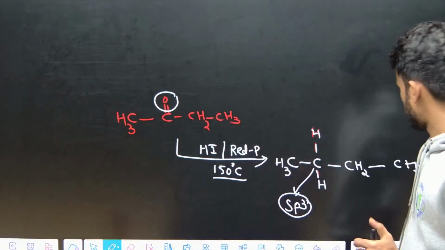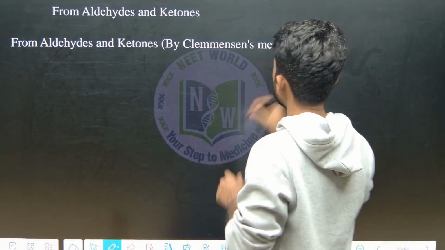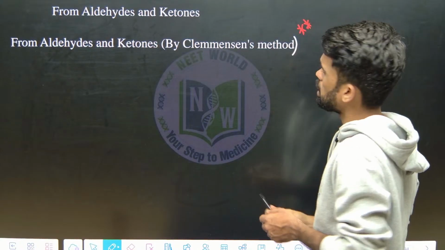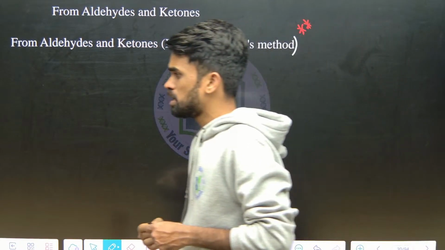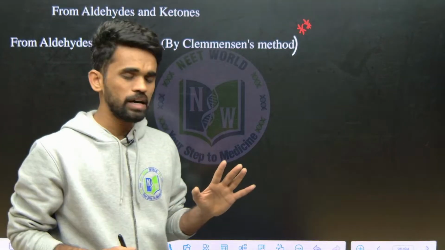Okay, next. This is one of the very important reactions to be remembered, because we will be using it multiple times in many chemical reactions. In the exam, the examiner won't ask a direct question in most cases.